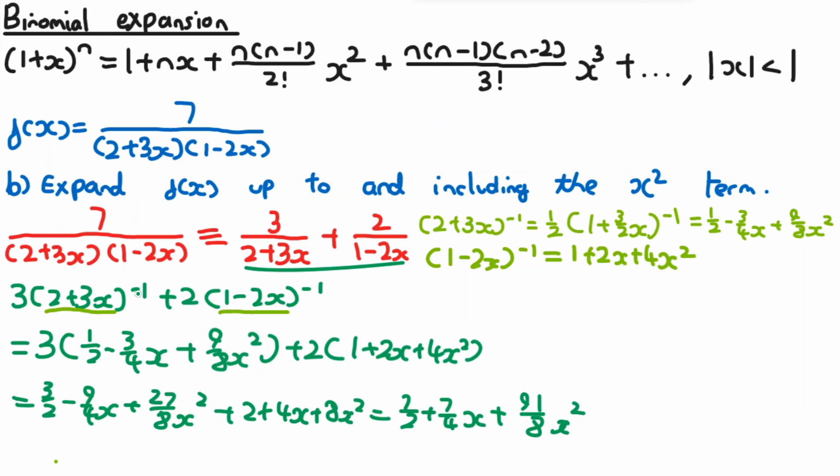That's the final answer. This whole thing expanded here is equal to 7/2 plus 7/4 x plus 91/8 x squared.